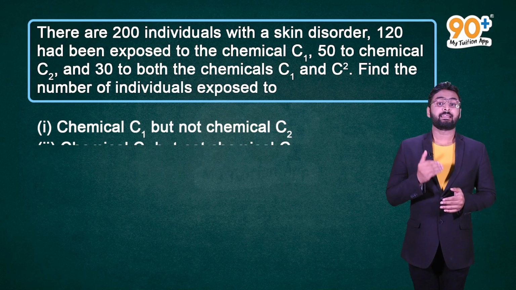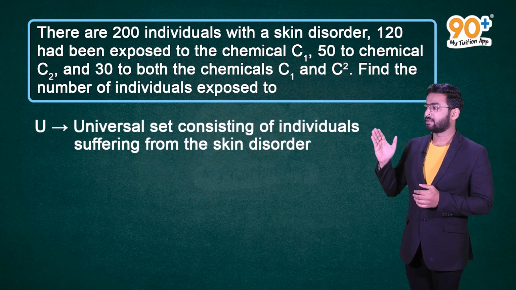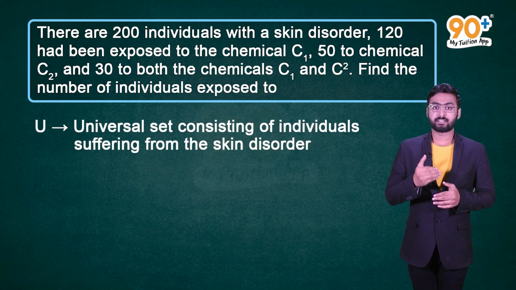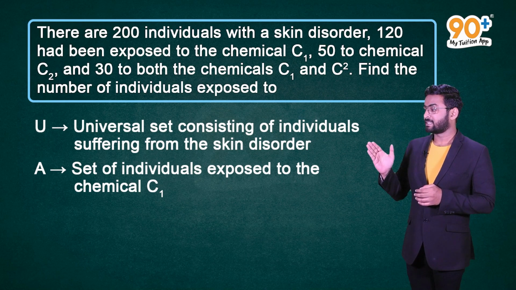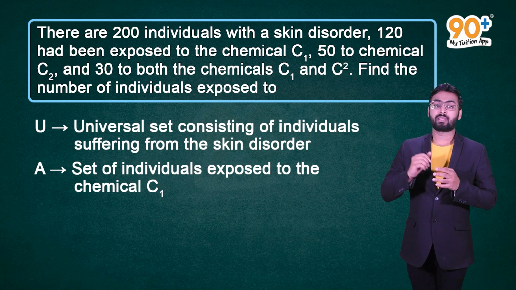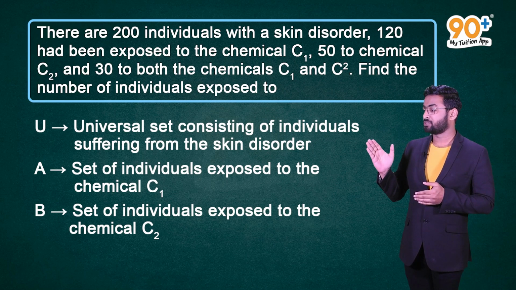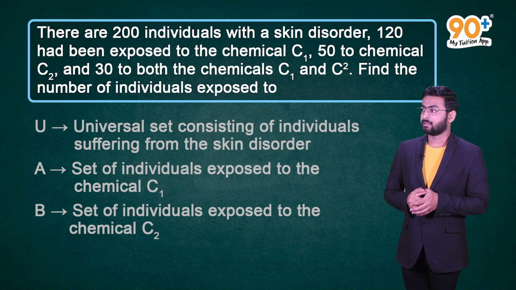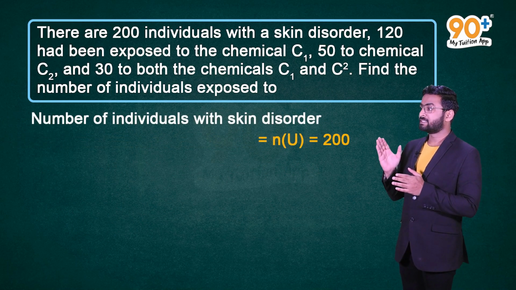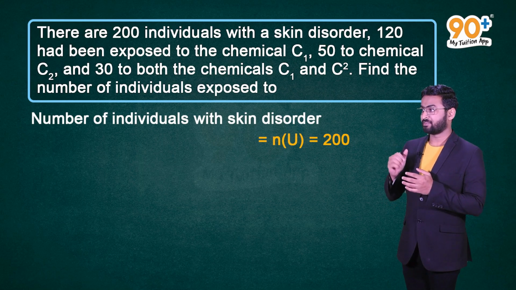So here there are 3 sets. U, which denotes the universal set consisting of individuals suffering from skin disorder, A, which denotes the set of individuals exposed to chemical C1, and B, which denotes the set of individuals exposed to chemical C2. It's given that number of individuals with skin disorder, which is n of U, is equal to 200.